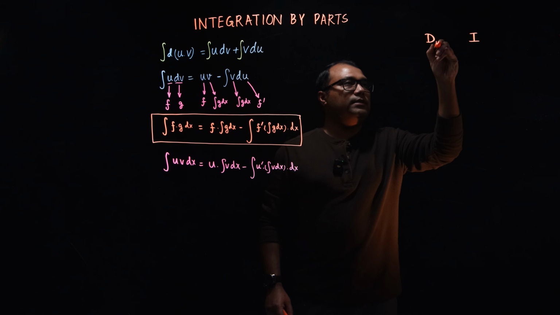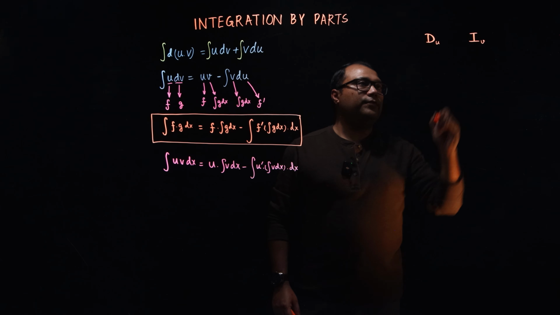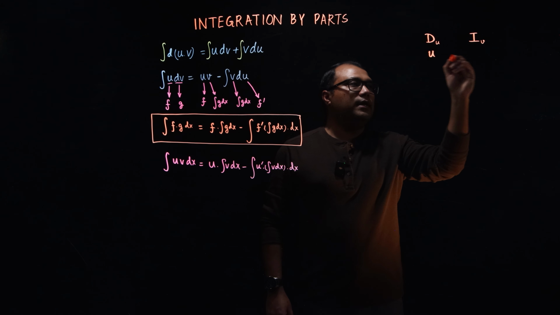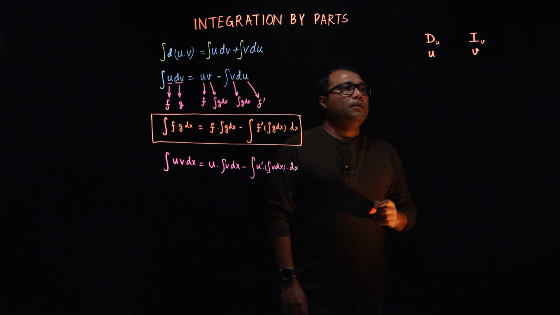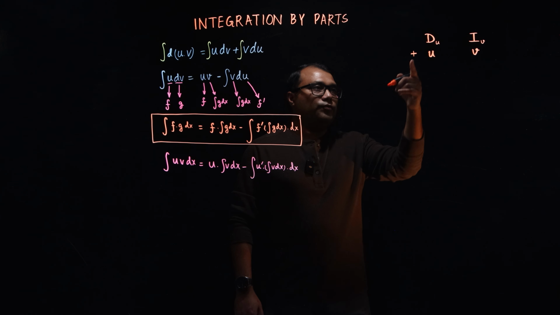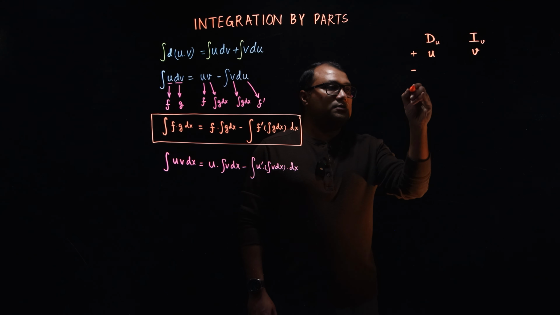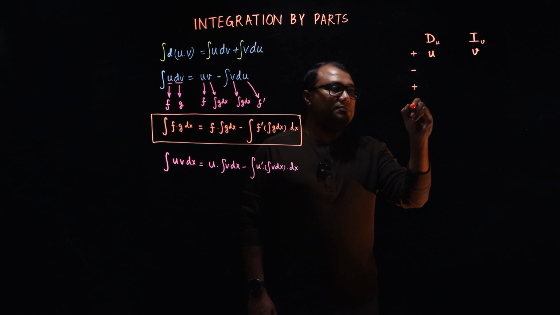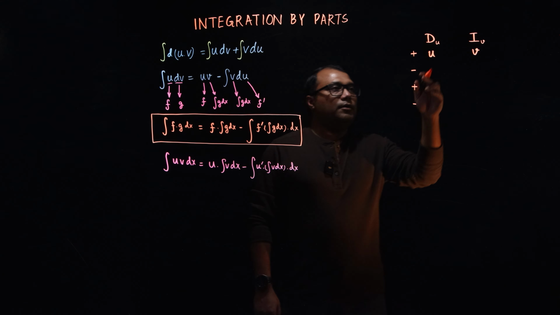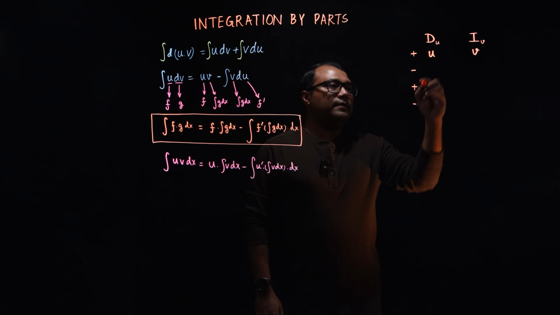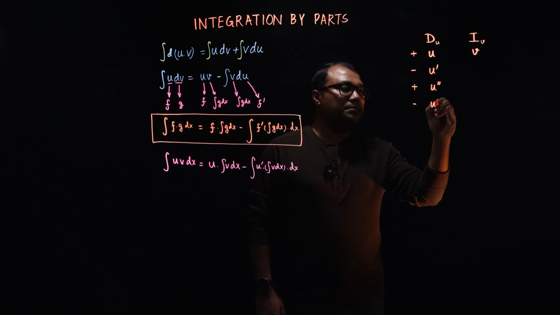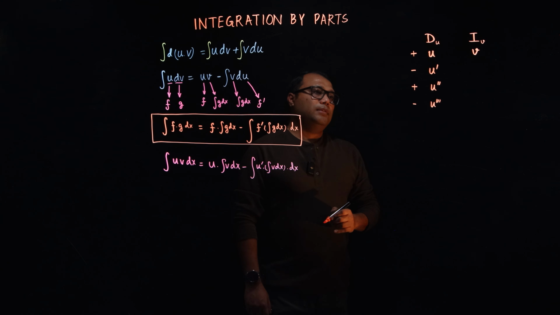Let's first write down u and v, and then we also write this plus minus sign a few times. Now u we will continuously differentiate: u dashed, u double dashed, u triple dash, that way.